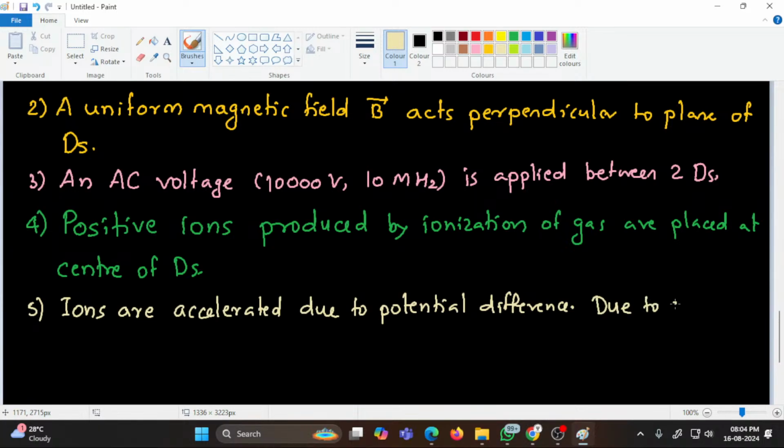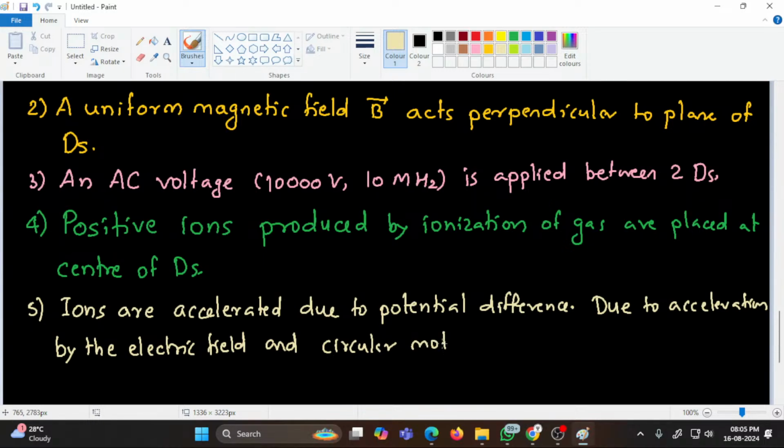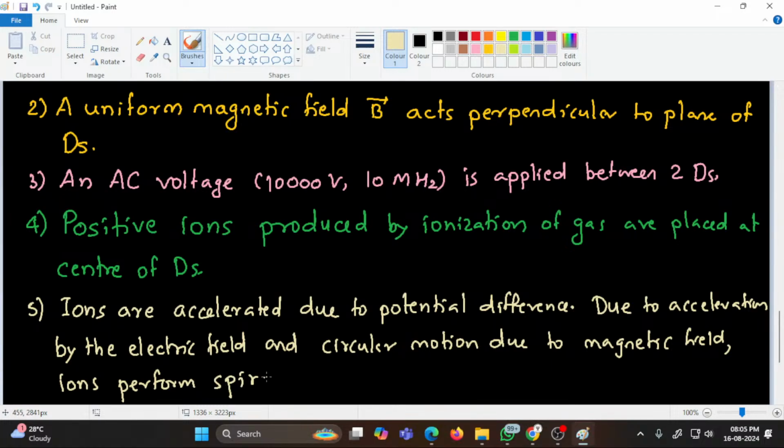Due to acceleration by the electric field and circular motion due to magnetic field, ions perform spiral motion.